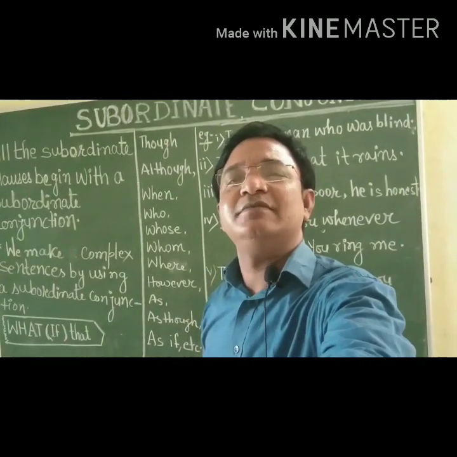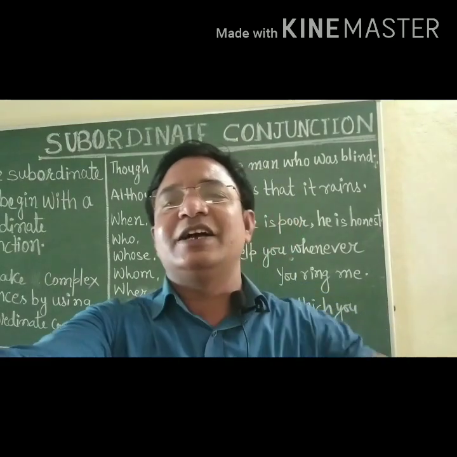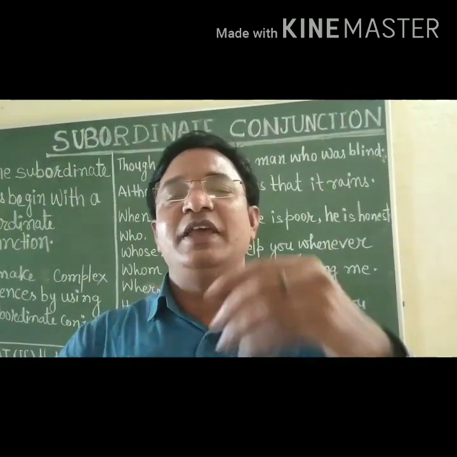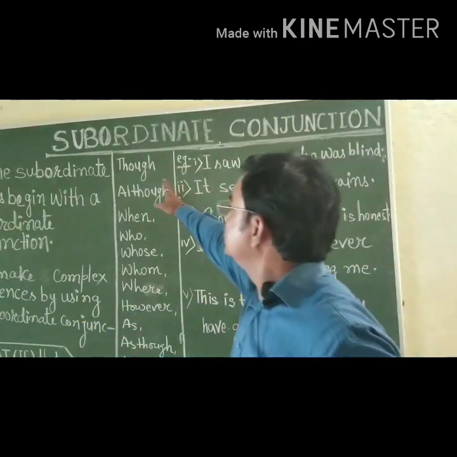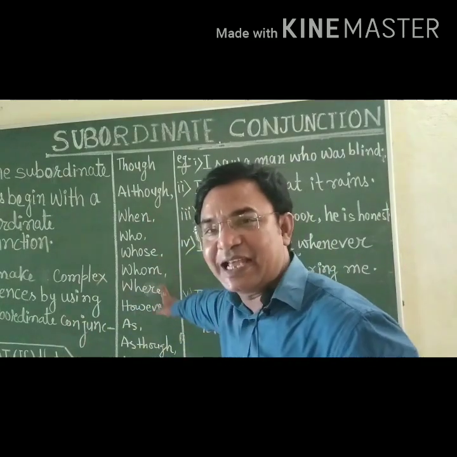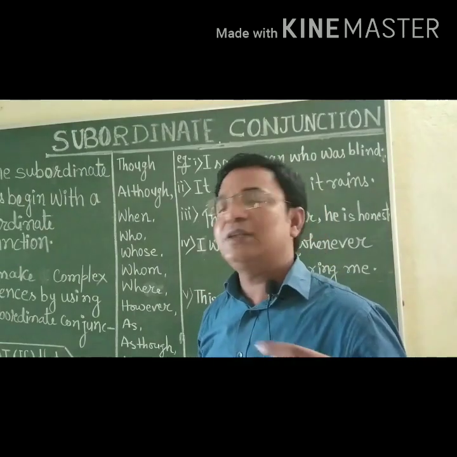So, children, I am going to start and continue this one with the example of this. So, what if? This was the trick I was talking about. What if that?